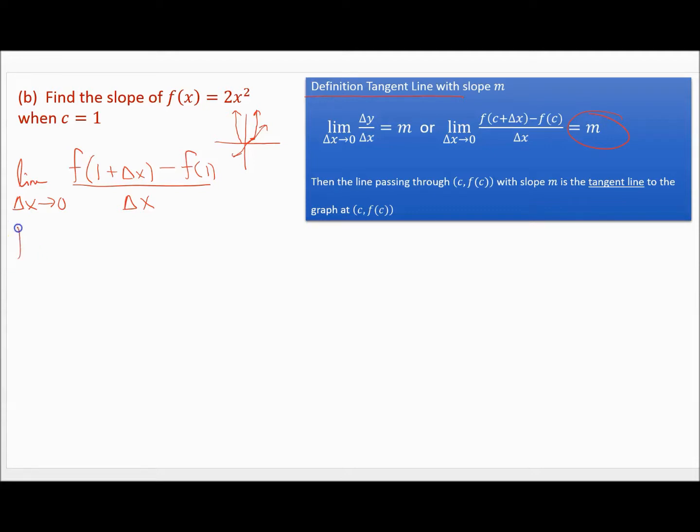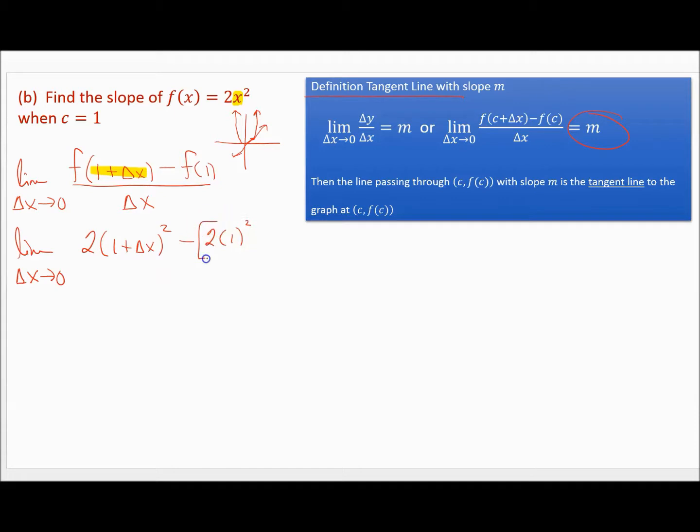So I continue to simplify. I have the limit as delta x approaches 0. Now we know what our function is, so I'm going to substitute 1 plus delta x right here where there's an x. So I'm going to remove that x and replace it with 1 plus delta x. That's going to give me 2 parentheses 1 plus delta x, that's all squared, and then minus f of 1, so that's going to be 2 times 1 squared.